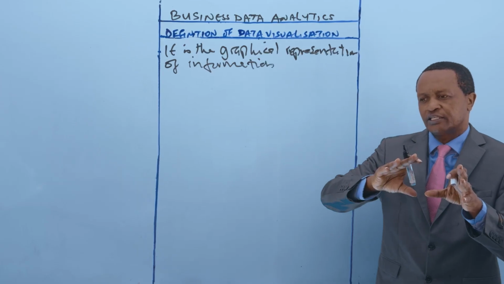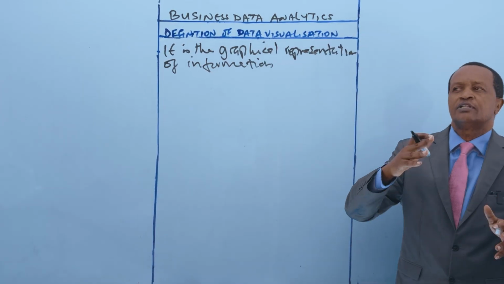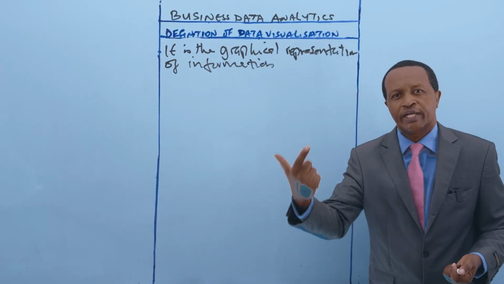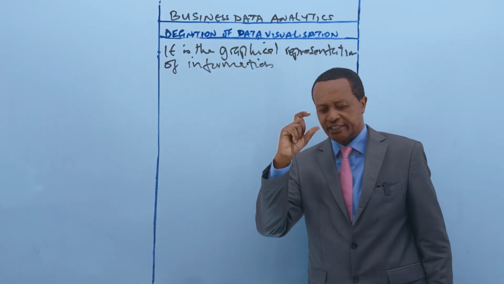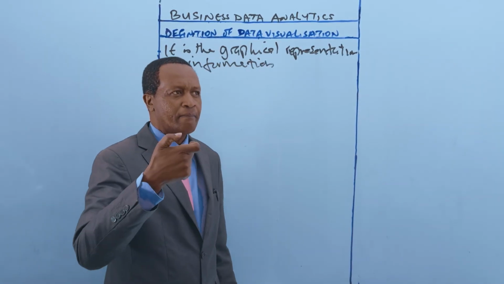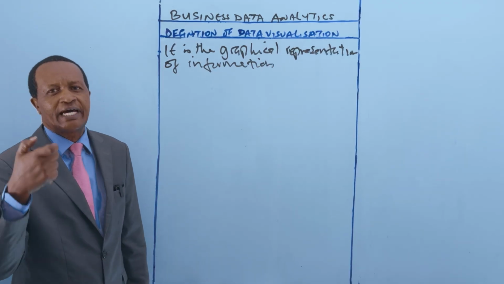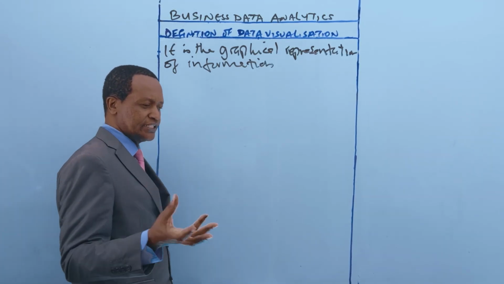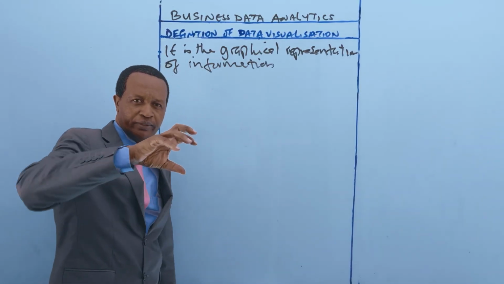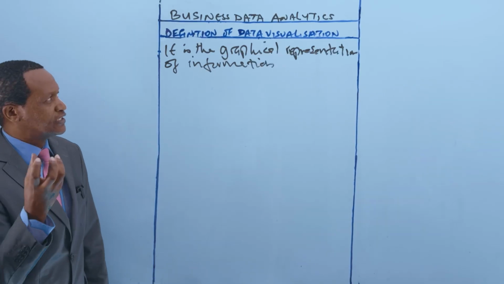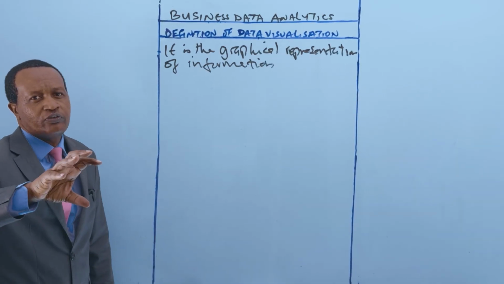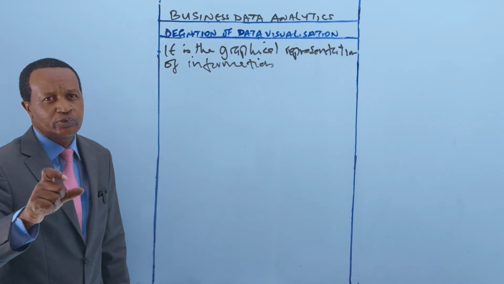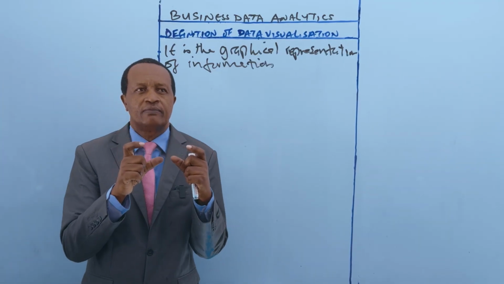So by using visual elements like the charts, the graphs, the maps, data visualization tools provide an accessible way to see and understand trends, patterns, and also outliers in data. And in the context of big data, data visualization is a process of summarizing millions of data points into a single visual story.